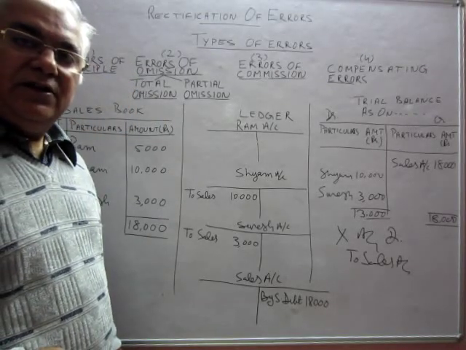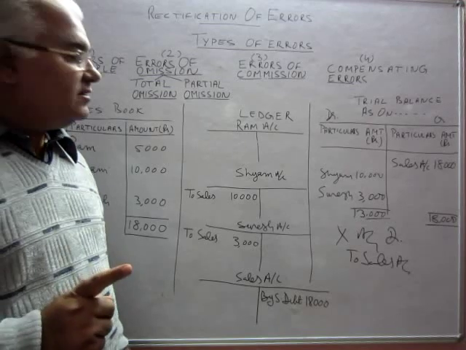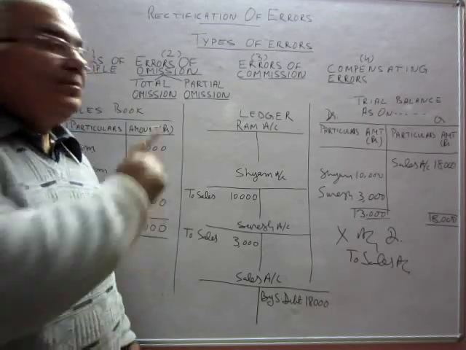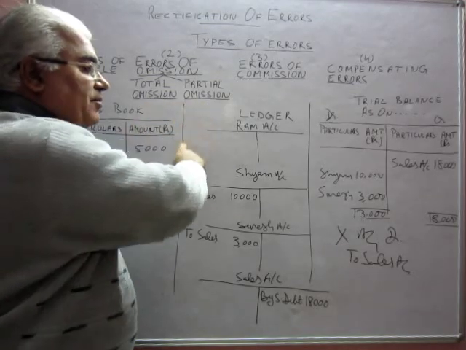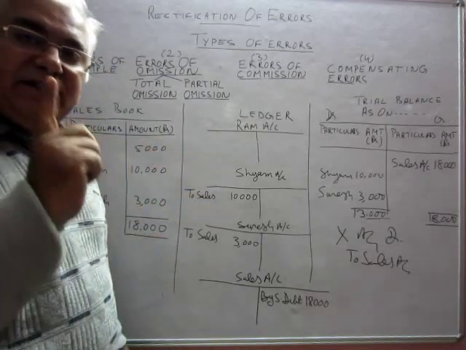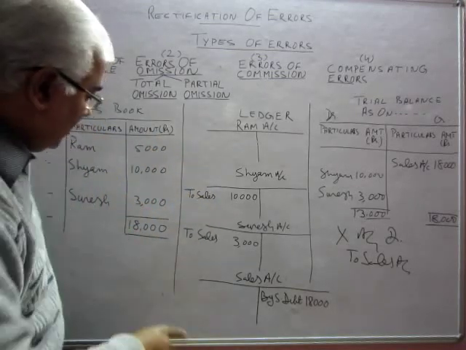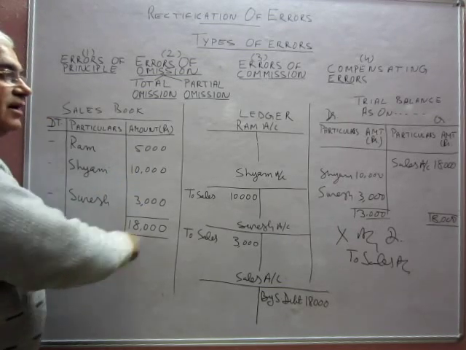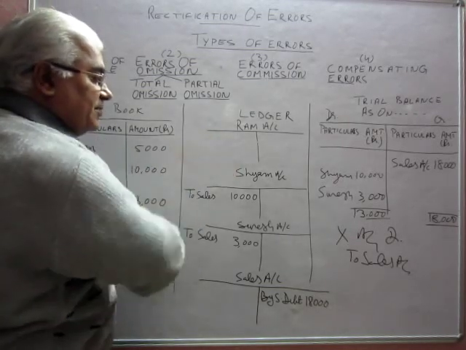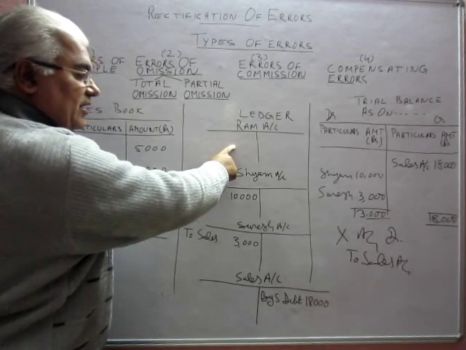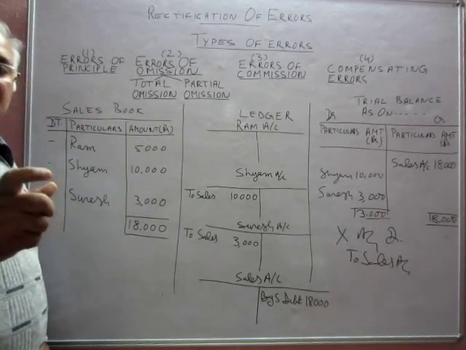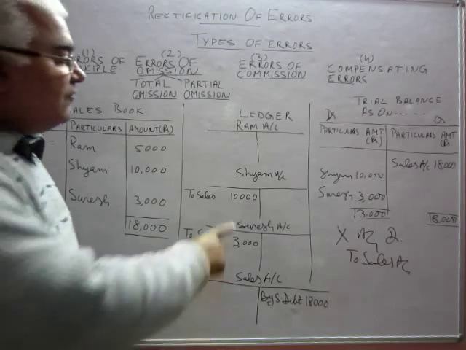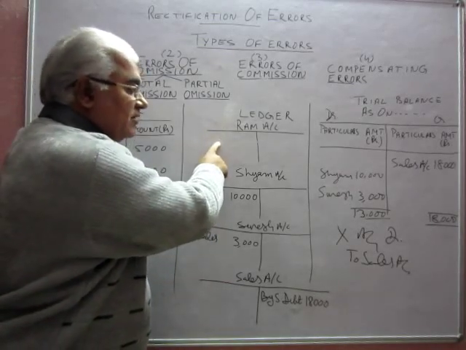Is it right? So these kind of errors are called errors of partial omission, because one aspect that sales have been done has been recorded properly, but it has not been debited to Ram's account. So it's a partial omission. Such an error is affecting only one account, that is Ram's account.